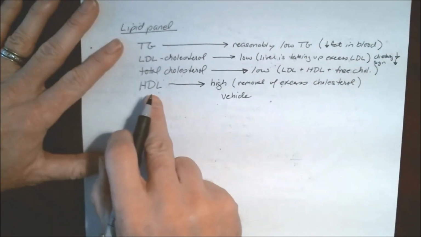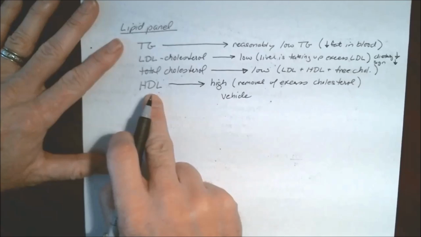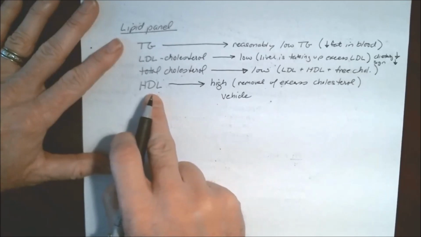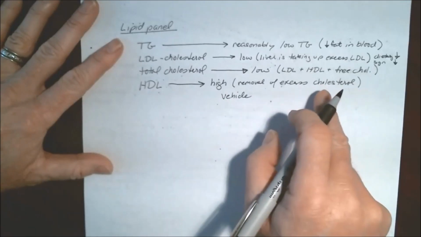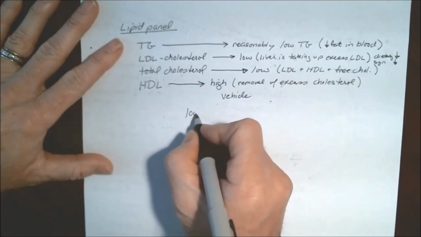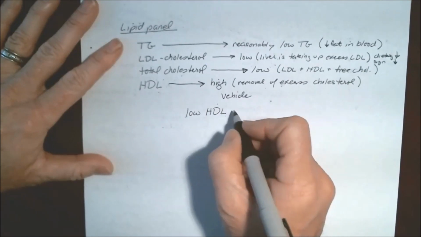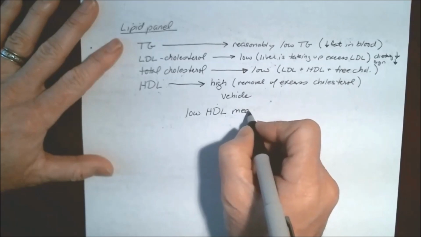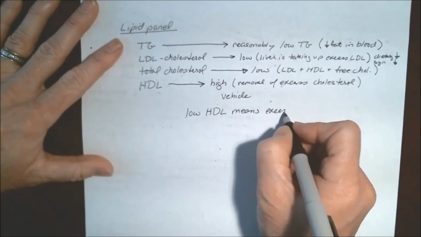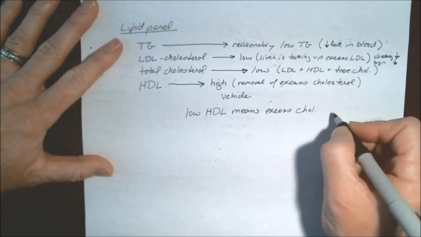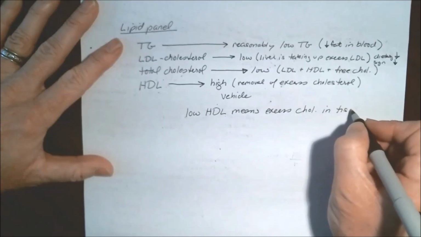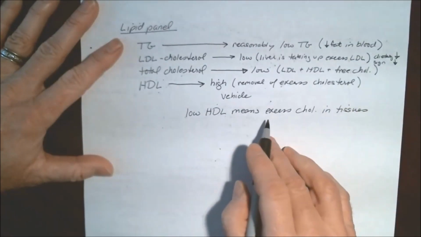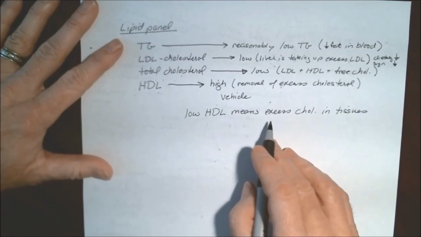So if you have low HDL concentrations, that means that you are going to have excess cholesterol in tissues. Excess means in excess of what the tissues need.